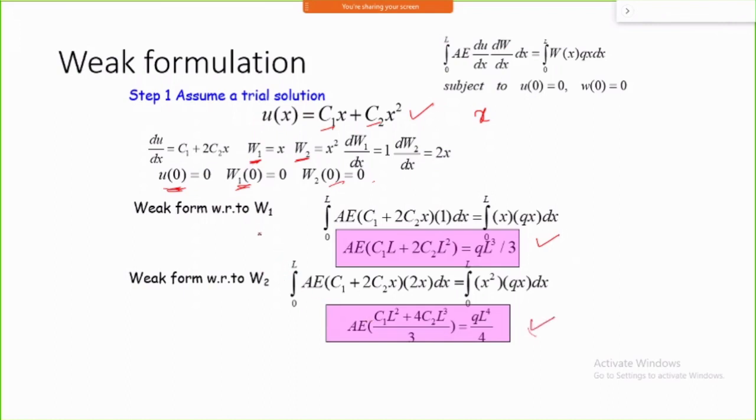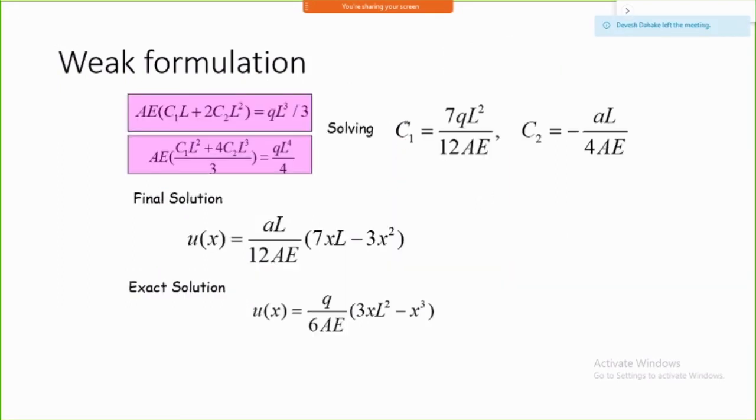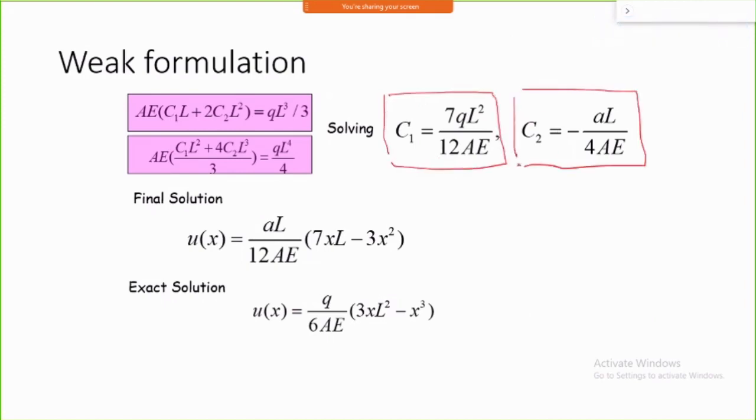We got two functions, w1 and w2, because we have assumed two weight functions; the reason is that we have to determine two constants, c1 and c2. So we got the first equation here, and this is my second equation. Now we can solve these two equations simultaneously, and we get the c1 value and the c2 value.